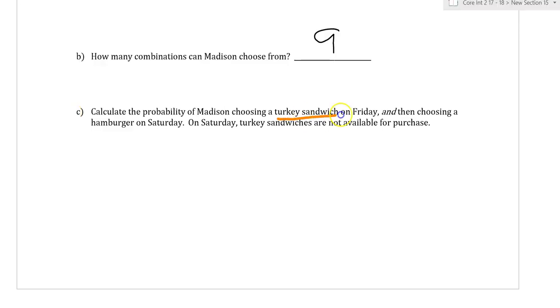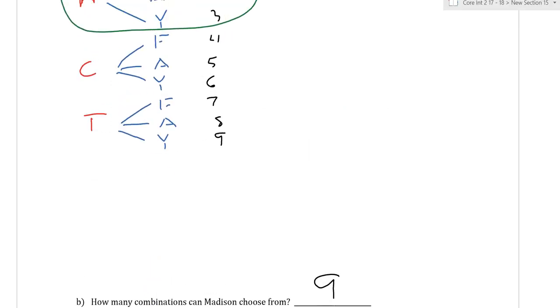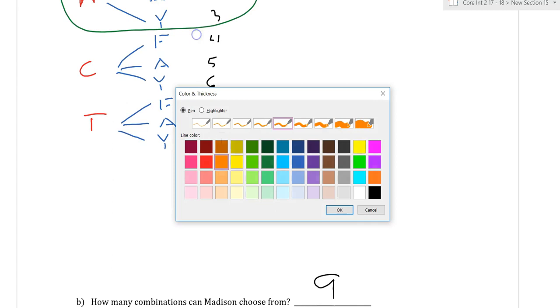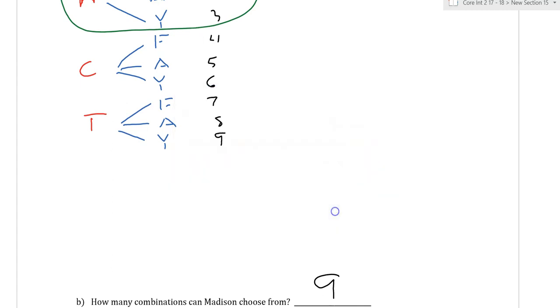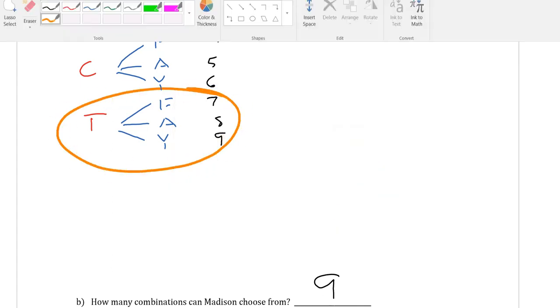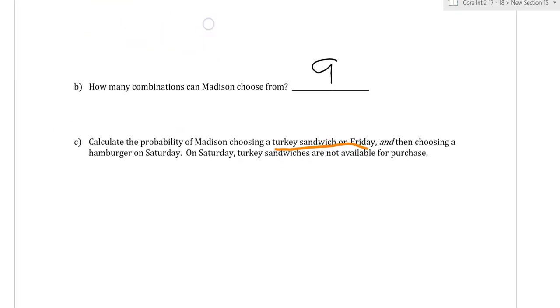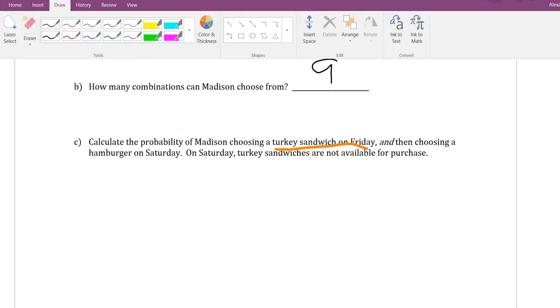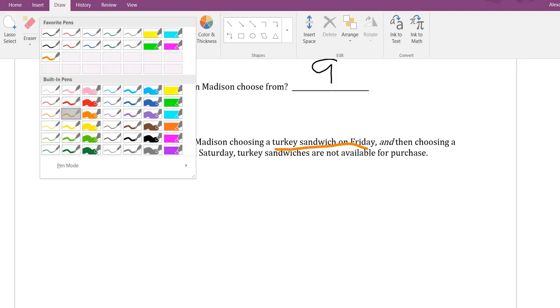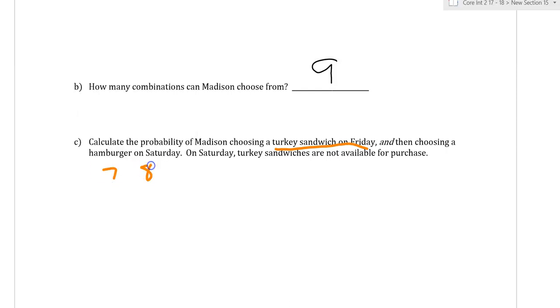Turkey sandwich on Friday. So again, same type of thing. For turkey sandwich, I can choose any of these 3 options, 7, 8, or 9. That makes more sense. Which is 3 out of 9 options.